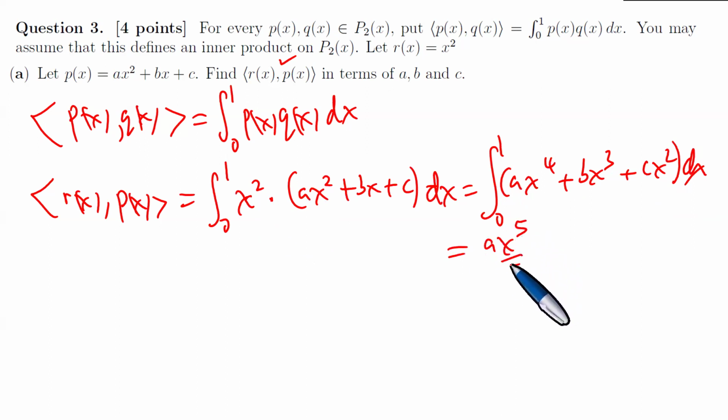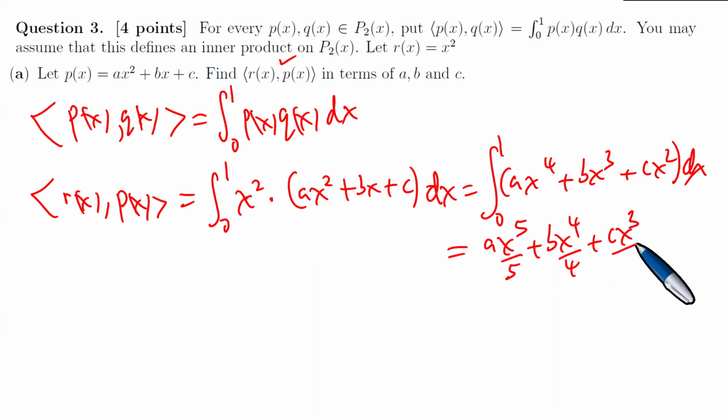AX to the 5th power out of 5, BX to the 4th power out of 4, CX to the 3rd power out of 3, from 0 to 1. Okay, we plug everything in here.